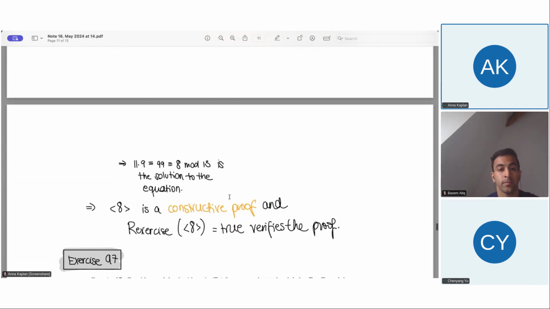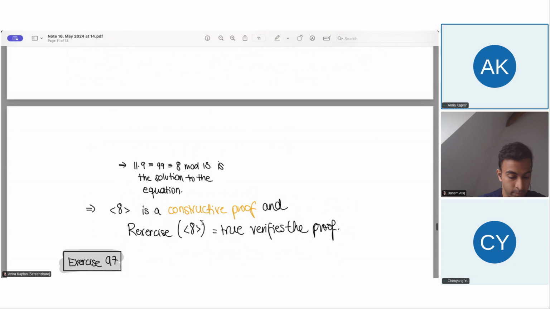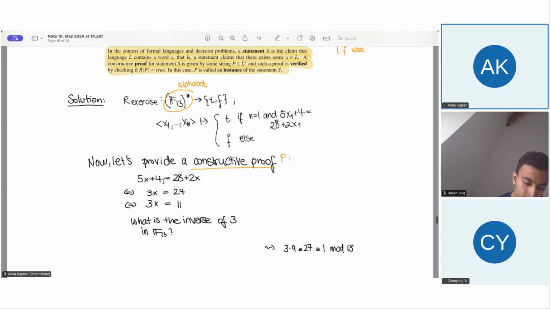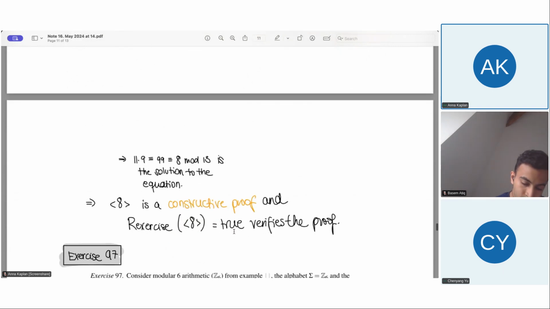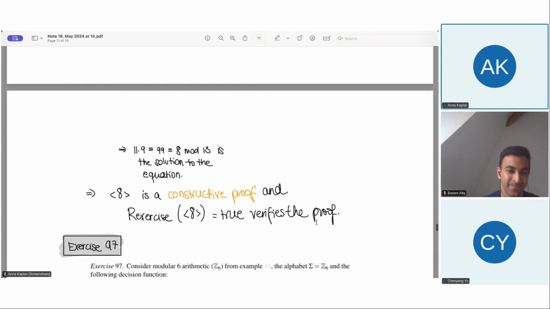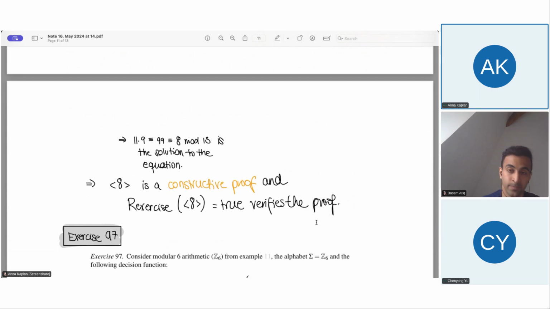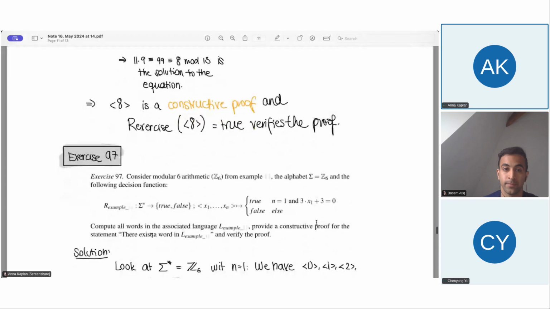So 8 is a constructive proof, and we can now check the relation for the string containing the 8, meaning inserting 8 here and seeing that 8 does hold this equation, so the relation gives out true, and that verifies our proof. I hope this helps to understand this somewhat complex, very detailed definition, but it will help us later to make claims and prove them in a SNARK.